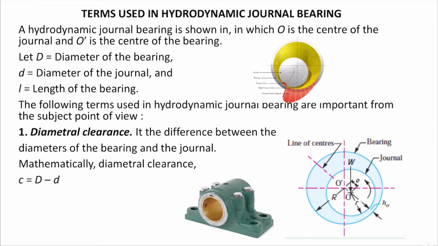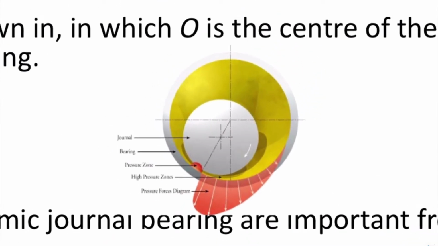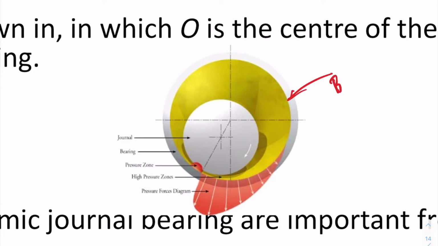As you are aware, a journal bearing is simply a shaft supported within a cavity filled with lubricant. The one thing you have to keep in mind is that we have a cavity, that is the bearing, and the shaft is within that cavity.